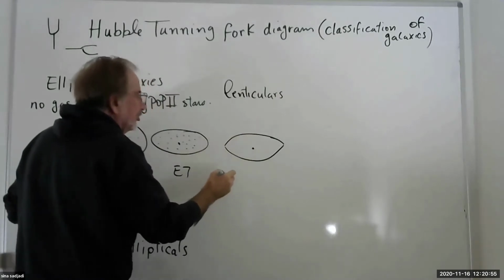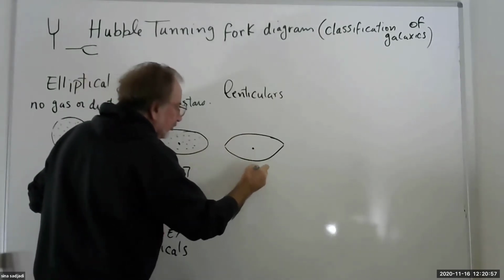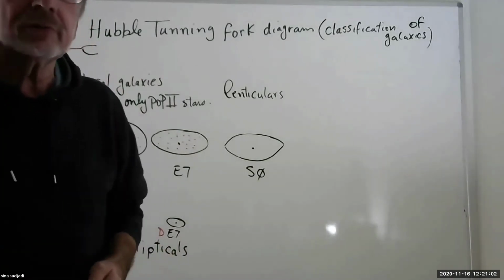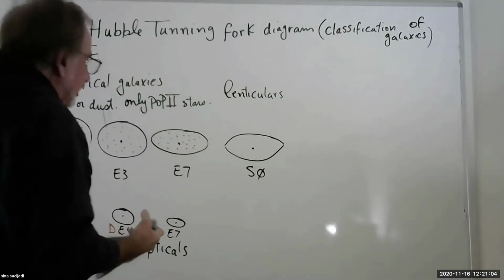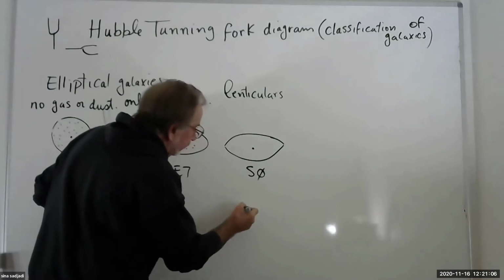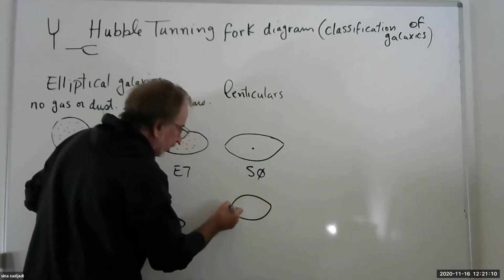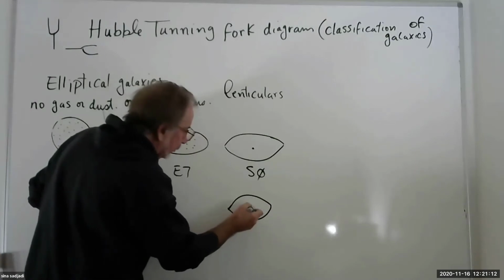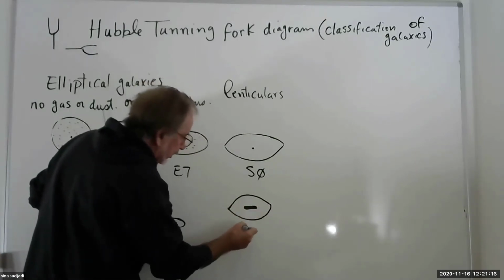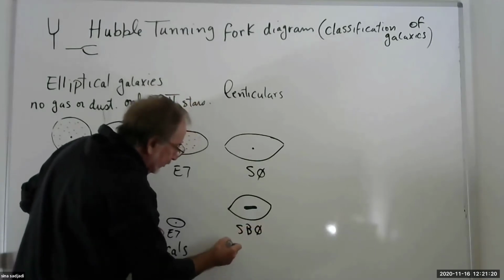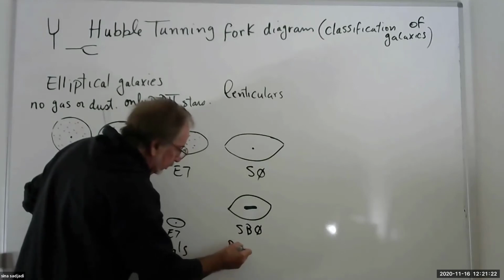Some of these lenticulars we call spirals of zero kind. So these are S0s, not spiral yet. And some of them have no spiral arms, but they have bars in the center. This is called S, big B, and then 0, where B means barred.